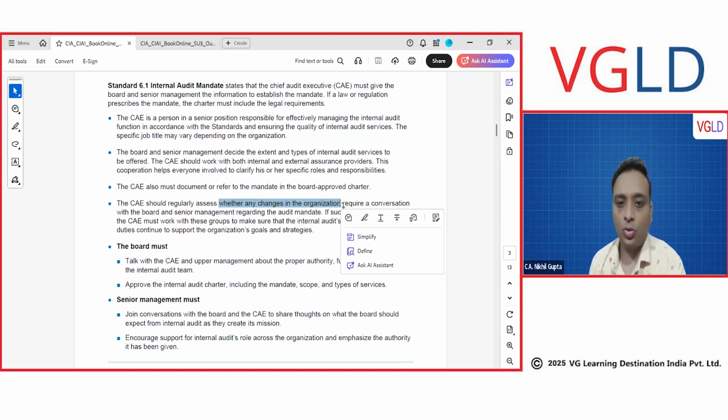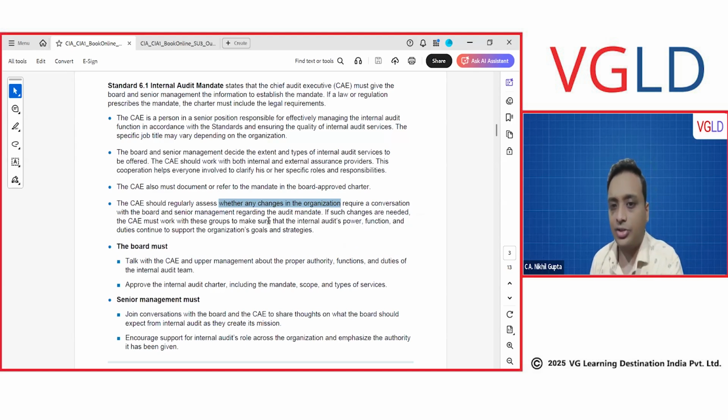Excellent. So who is responsible to assess this? The chief audit executive. Whatever changes happen, be it a merger, an amalgamation, any control changes, any process improvements, the CAE assesses this by requiring a conversation with the board and senior management regarding the audit mandate.